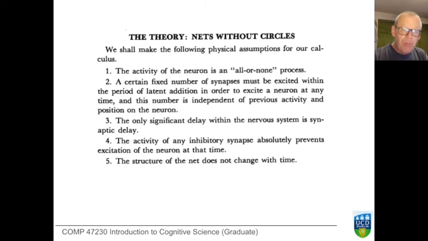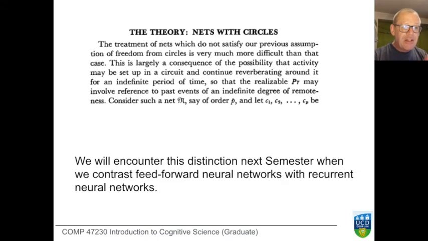Then there's two basic distinctions. Networks without circles, as shown here, correspond to chains of processing, such that inputs are transferred along a stream, ultimately producing outputs. Those, in the language of artificial neural networks, are known as feed-forward nets. Nets with circles are quite different.